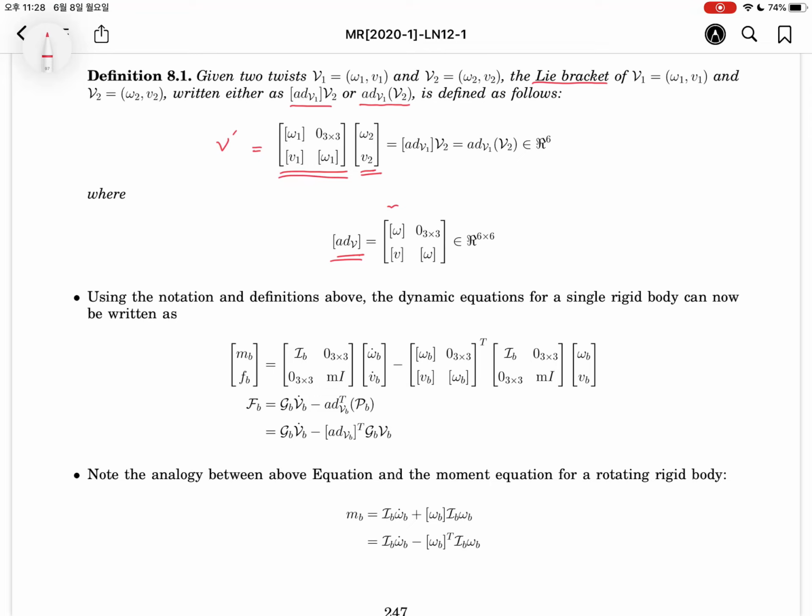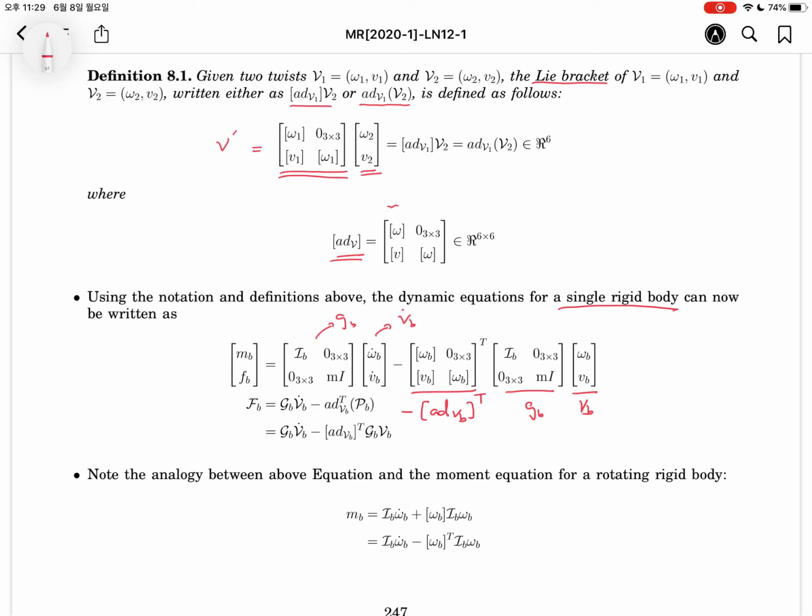Okay, in the case of the single rigid body, how about that? This is equal to the Lie bracket of VB transpose with a minus sign. As you know, this is GB, the special inertia, times the time derivative of the twist.